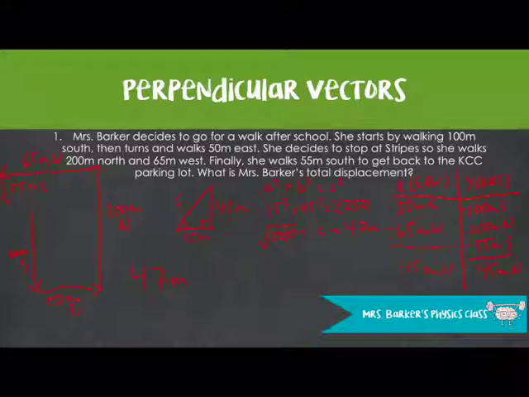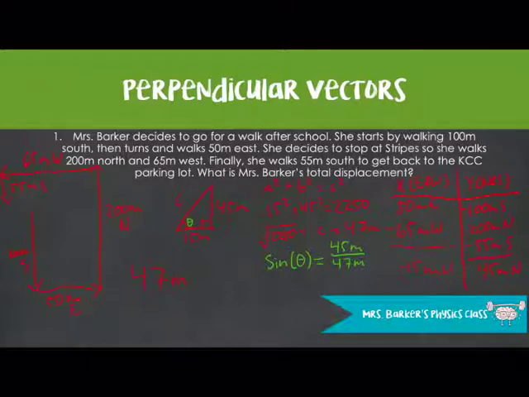I'll use sine here. So sine of theta, that's my angle here, is going to equal my opposite, so 45 meters, over my hypotenuse, 47 meters.